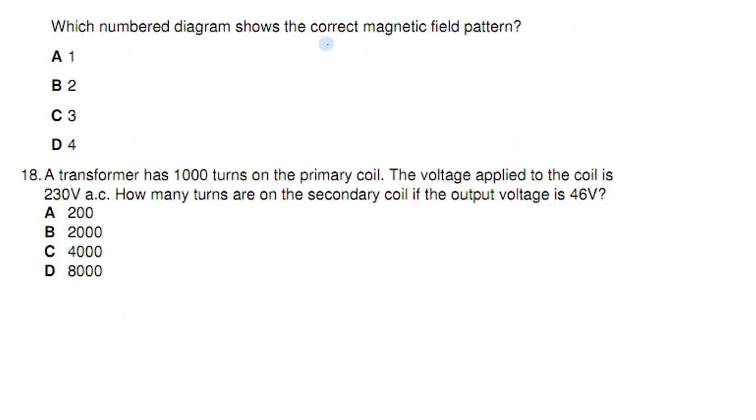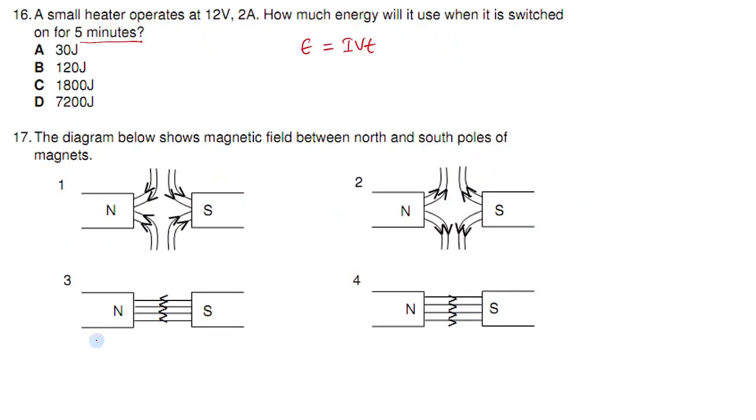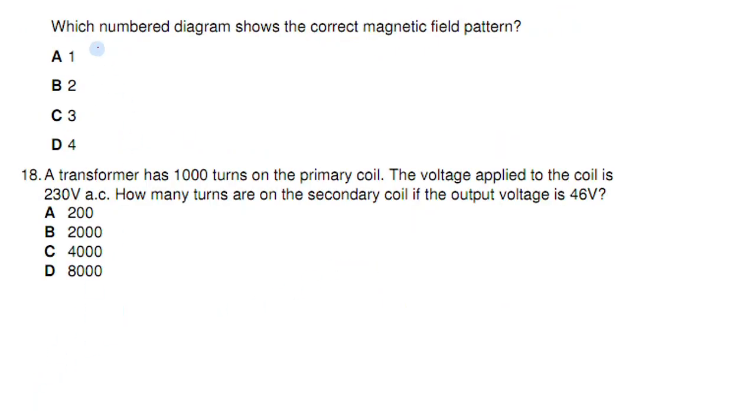Which numbered diagram shows the correct magnetic field pattern? If you have a north and a south, the magnetic field should move from north to south like that, not like this or this. So the answer is 4.